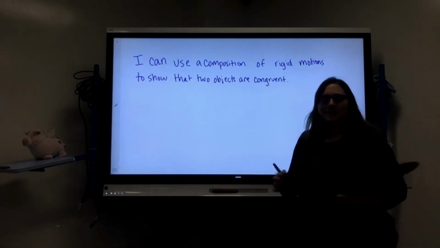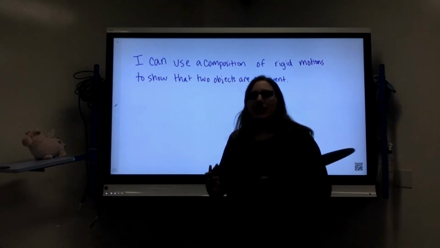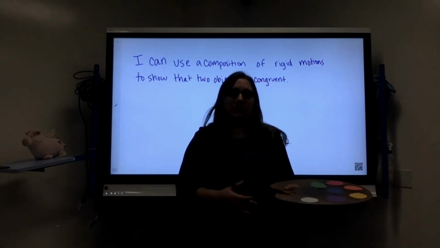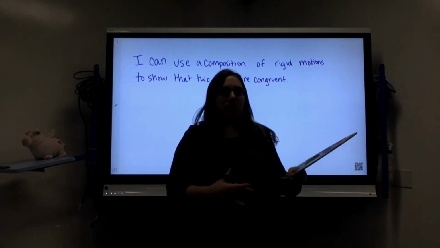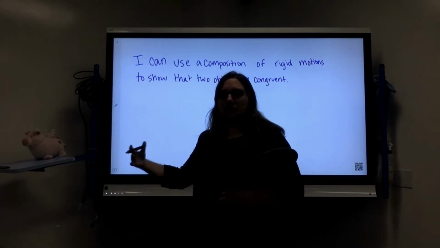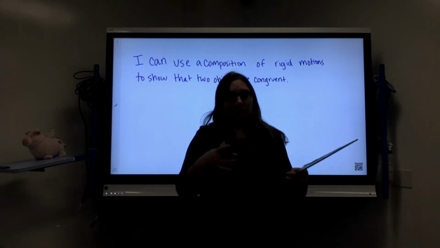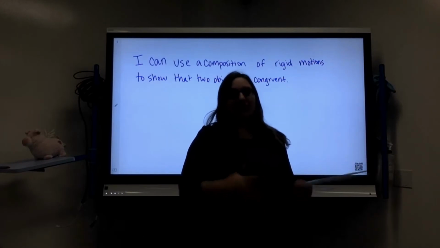Remember, friends, all year we've talked about how the word congruent talks about an image or a figure, and equals talks about a number. So we're really going to focus in on that congruency today.